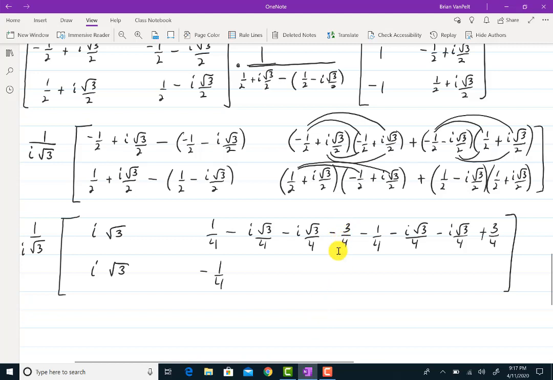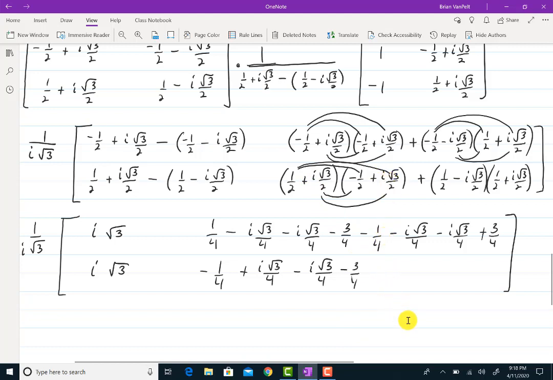And then I have to do 1/2 times I radical 3 over 2, so I'll get plus I radical 3 over 4. Then these inner ones, I'll get minus I radical 3 over 4. And then finally the last, I times I will be negative, so I'll get negative 3/4.